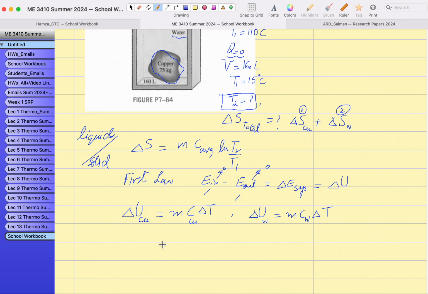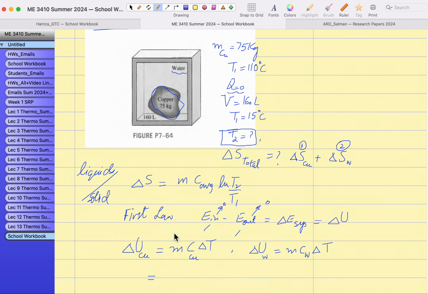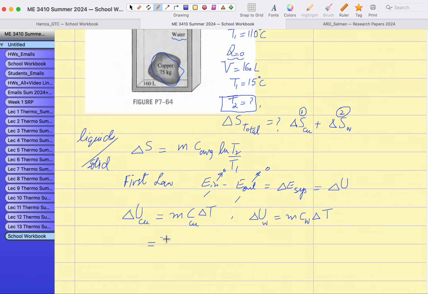For copper, the mass is 75, and for the specific heat you can find it from the table.